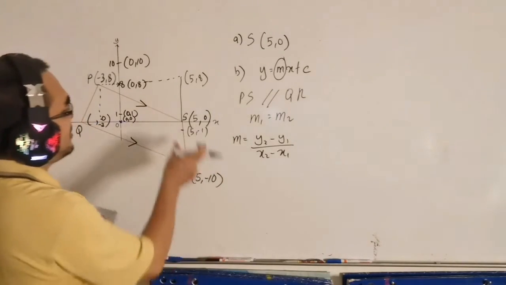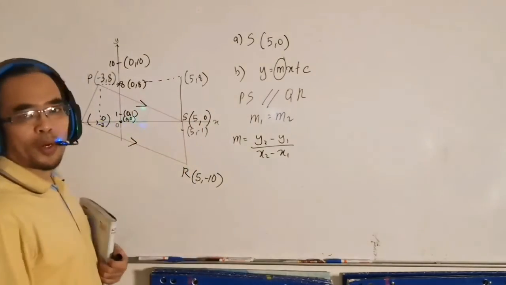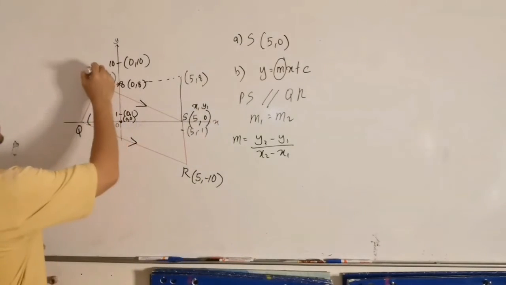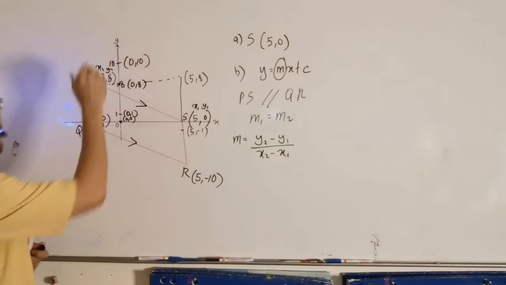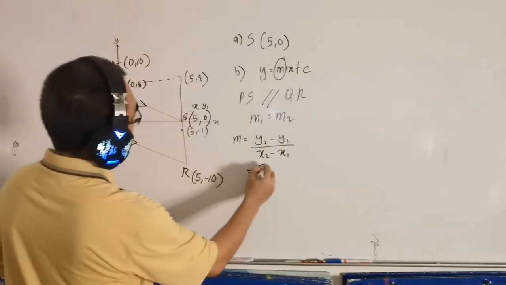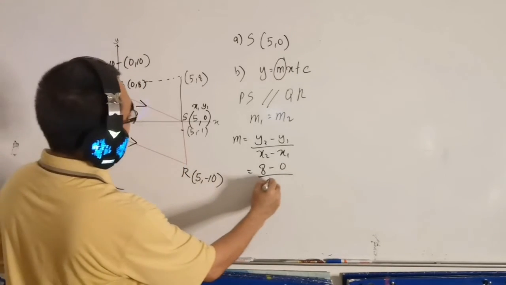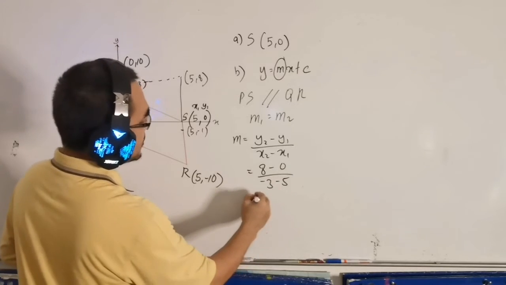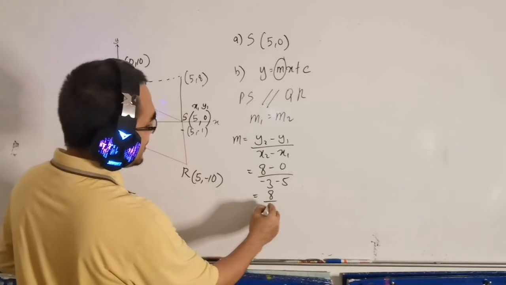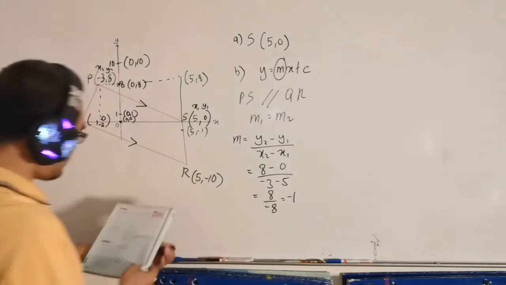You decide, and it is better for you to label. So y2, which is 8 minus 0, over x2, negative 3 minus 5. So 8 minus 0 will be 8, negative 3 minus 5 will be negative 8. So the gradient will be negative 1.